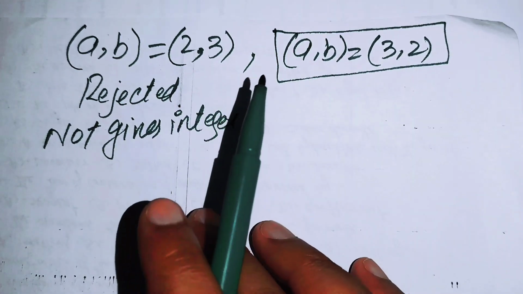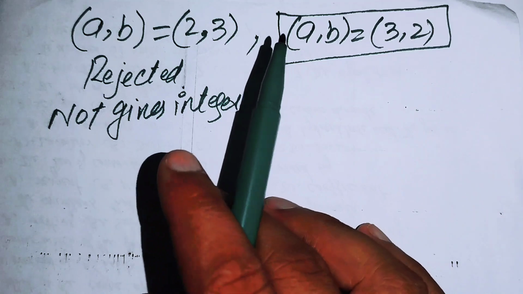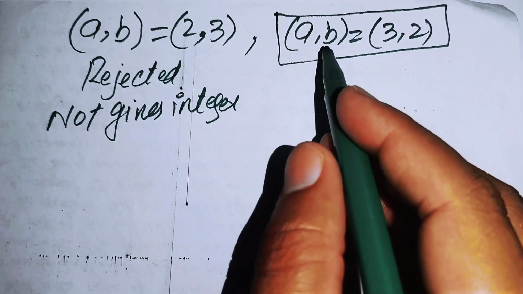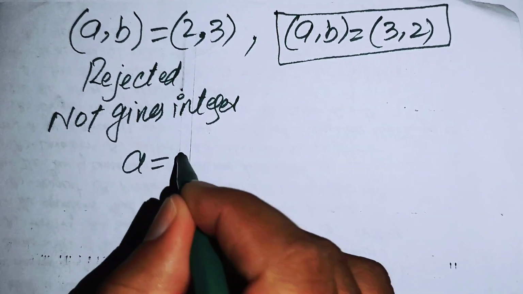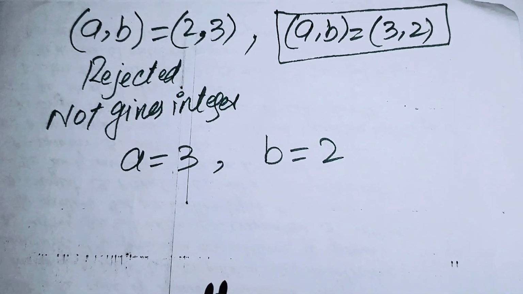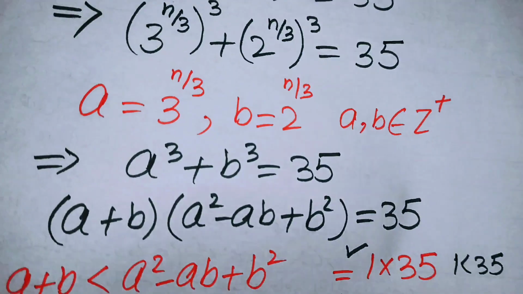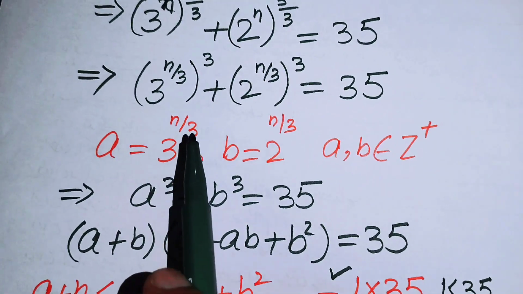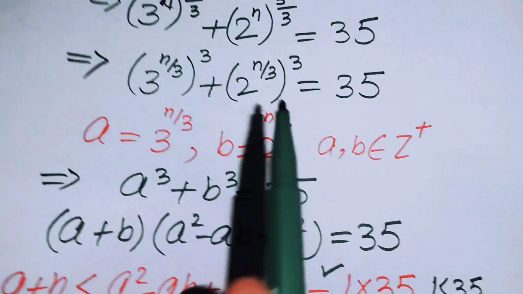So here we can back substitute the values of a and b. In this case we have a is equal to 3 and b is equal to 2, and at the start of the question we took a is equal to 3 to the power of n over 3 and b is equal to 2 to the power of n over 3.